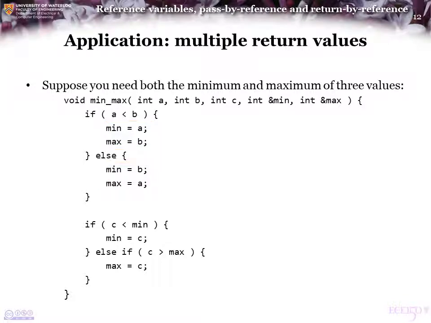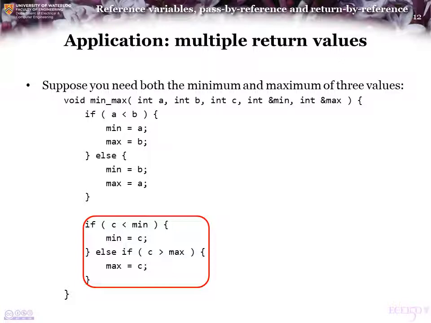But we're not done yet, because now we're going to compare C to minimum. If C is less than the minimum value, then we will update min, which will of course update the argument that was passed in the fourth location. And we will also see if C is greater than the current value of max. And again, max now refers to whatever variable was passed in the fifth argument.